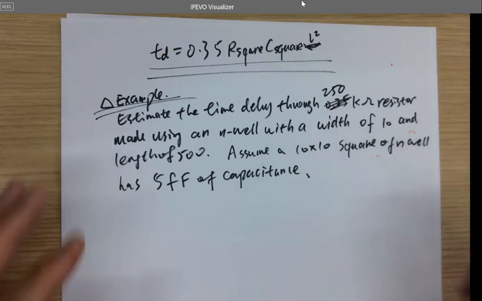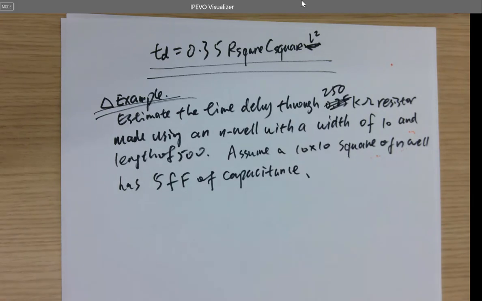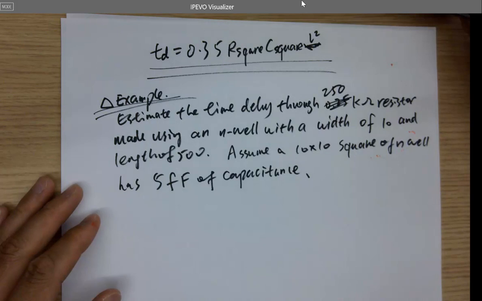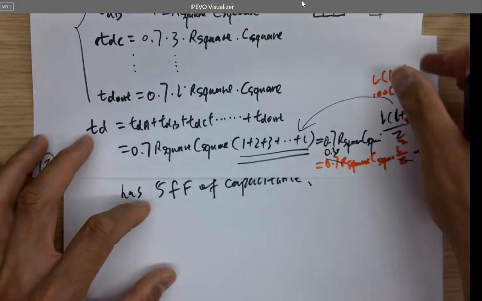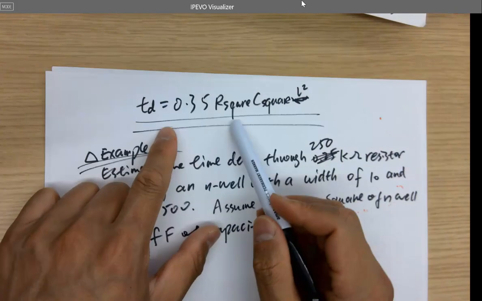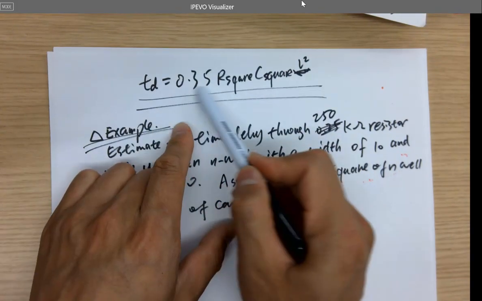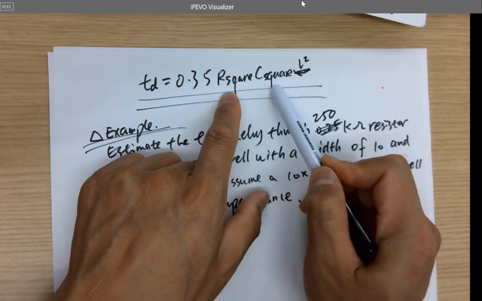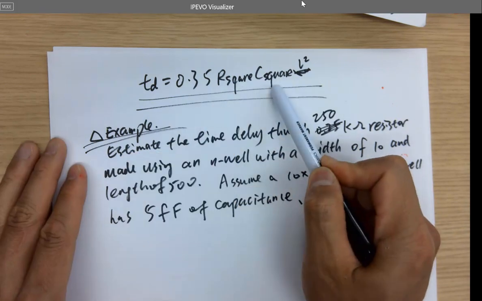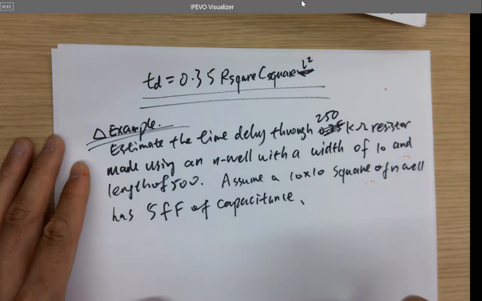So before we move forward, let's think about this for a little second. We want to calculate the time delay, right? So for the time delay, we have to look at the equation here on the top. This is the constant. We need to know the length, R squared and C squared. Okay?